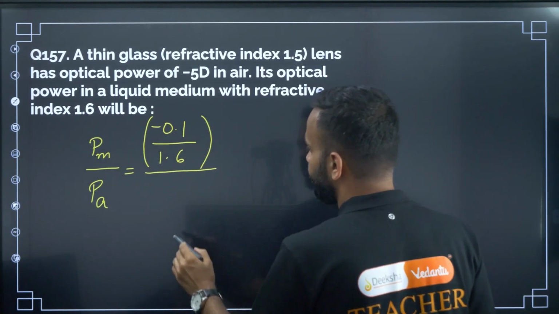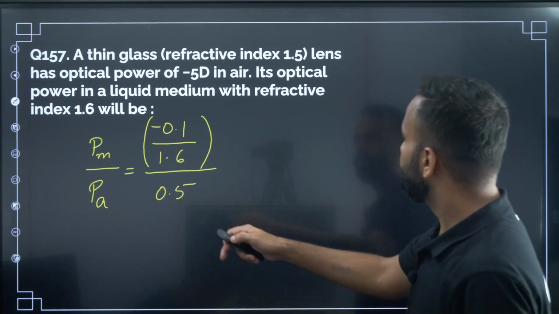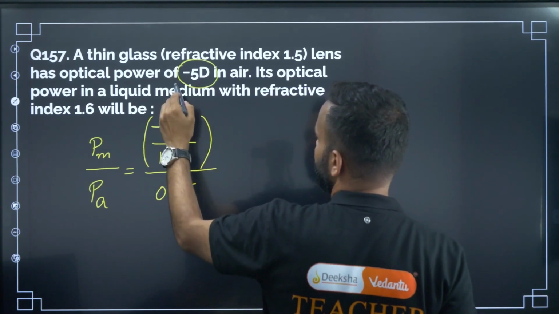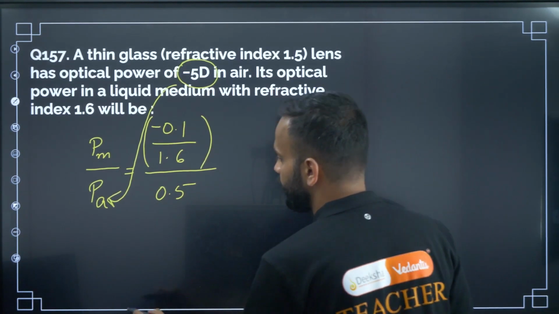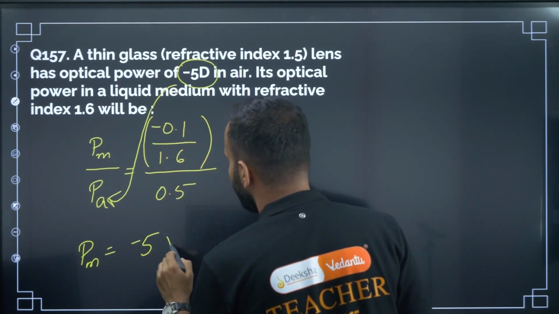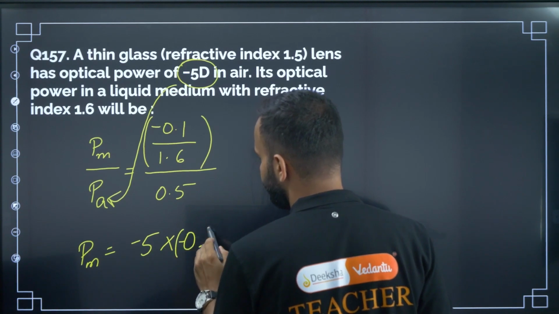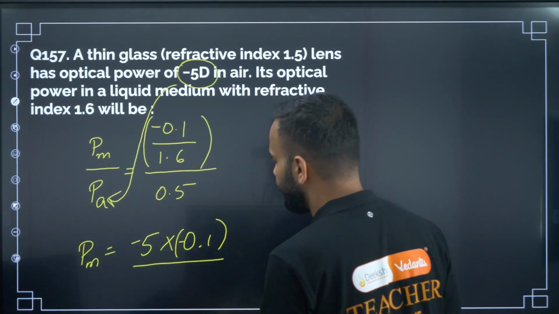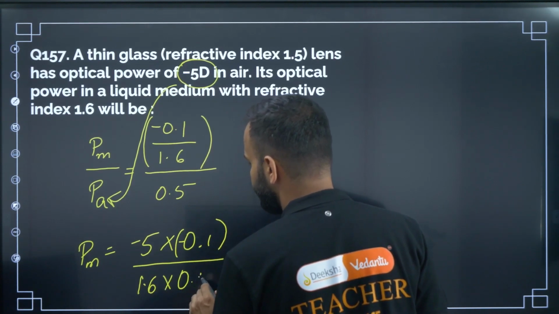Pa is equal to minus 5 diopter. So Pm is equal to minus 5 into minus of 0.1, whole divided by 1.6 into 0.5.